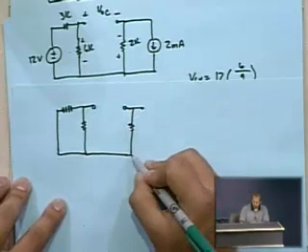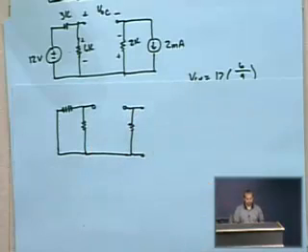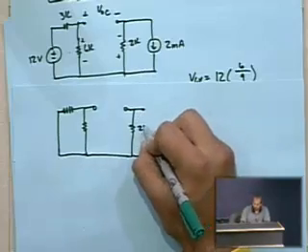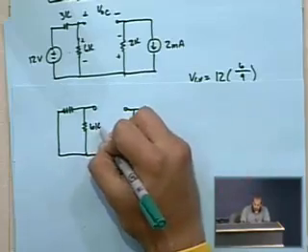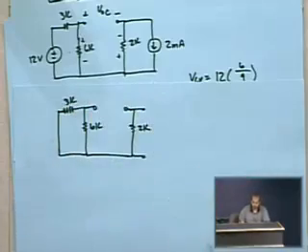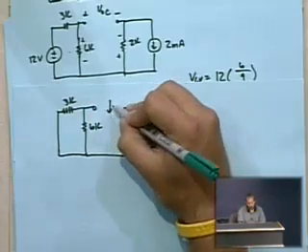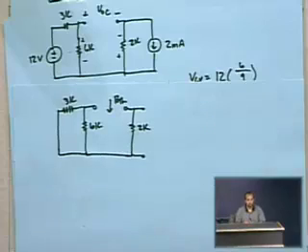And this gets open circuited, that 2 milliamp current source. So we've got 2K resistor here, 6K, 3K. And we have to remember where we're looking at the circuit from. Where are the input terminals to this particular equivalent resistance?